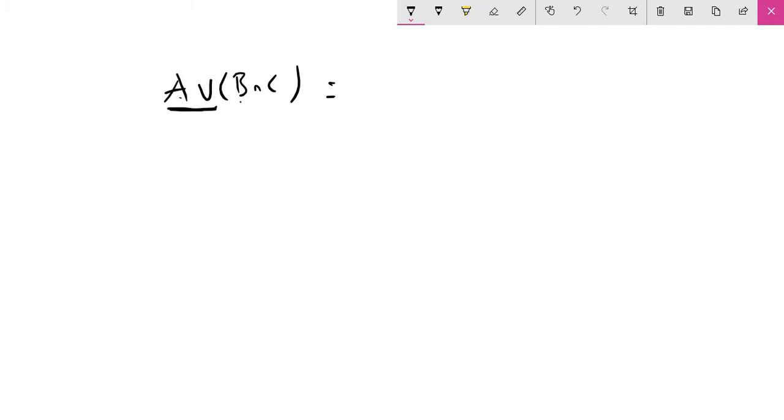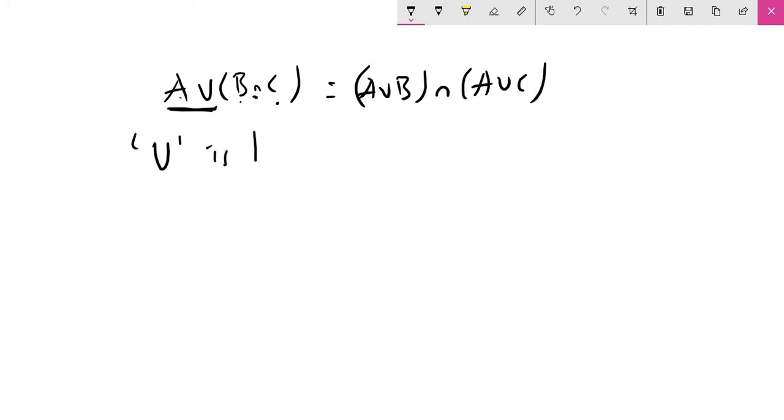So A union B separately, intersection, so bringing this now, A union C. In this situation, the union operator is distributive over the intersection operator.